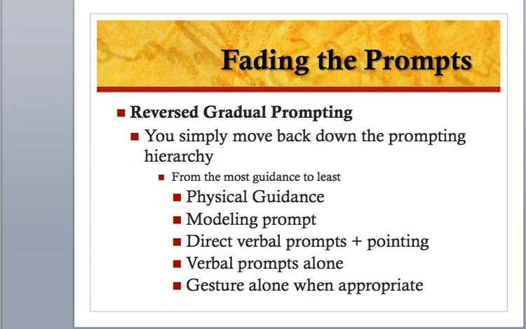In fading of prompts, often we use reversed gradual prompting. So if you've used more and more prompts, then you're just going to work your way back down that hierarchy of prompting.